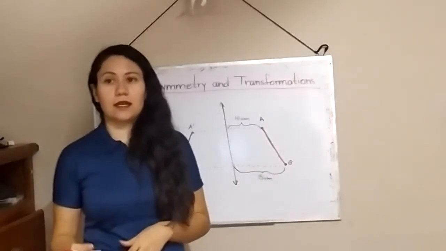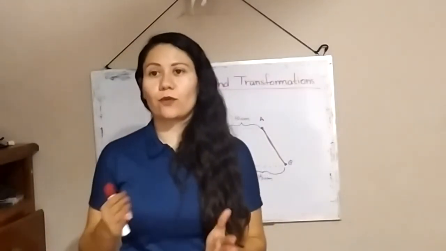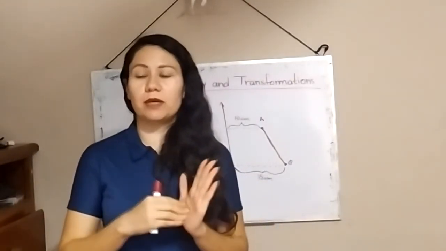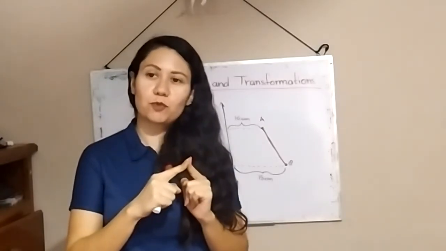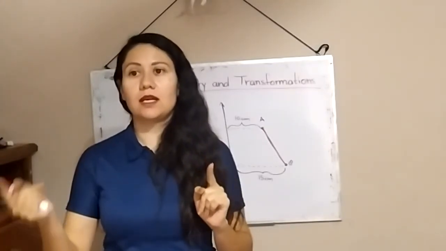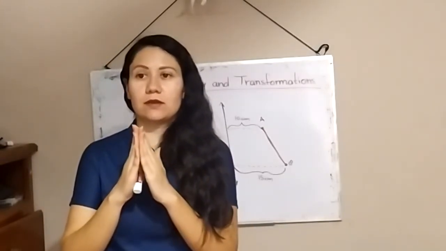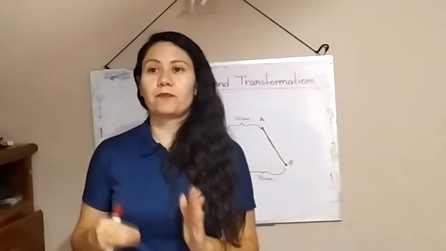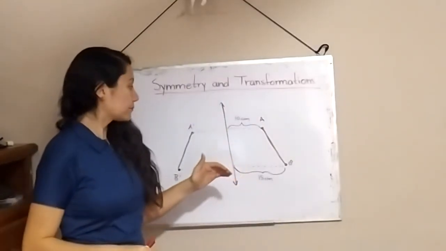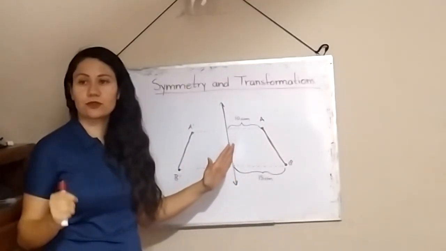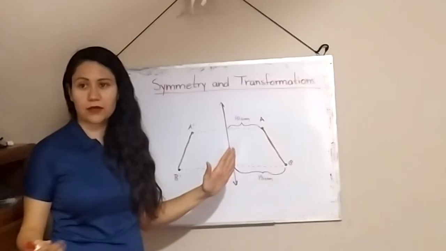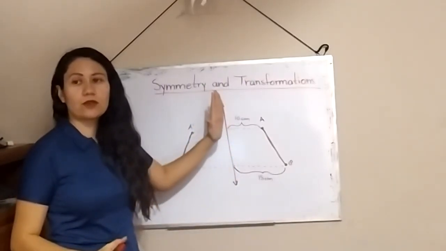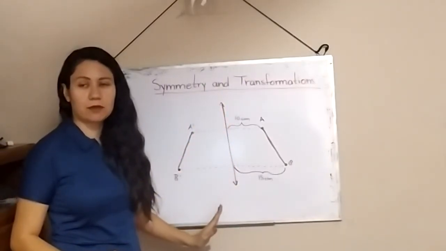And if we have a figure, we are going to do the same. We are going to measure the distance of each point to the line of symmetry, and we need to have the same distance to the other side in order for the figure to be reflected. For reflection, we use a line of symmetry.